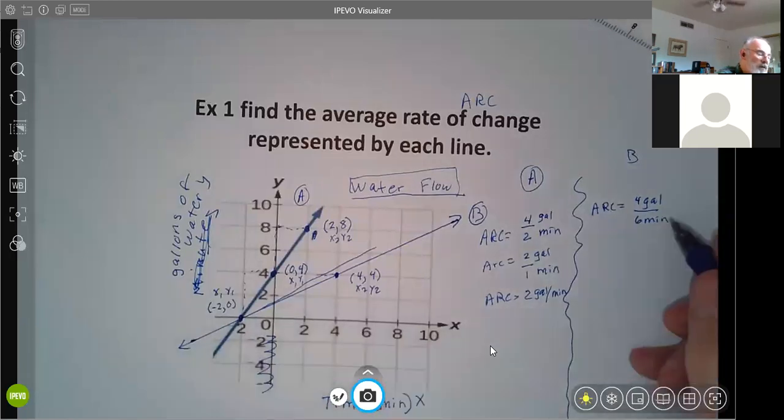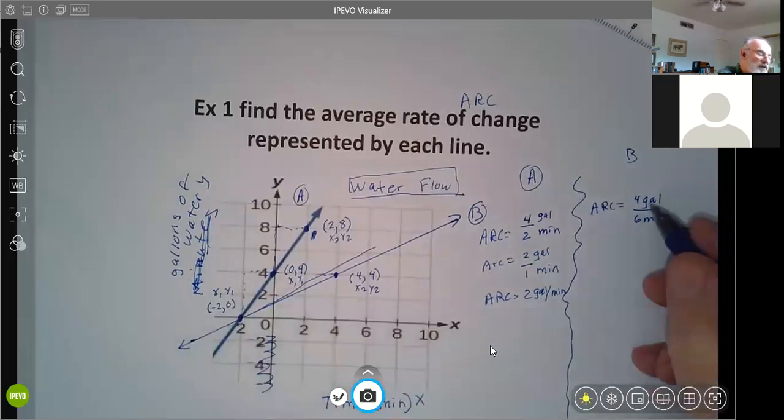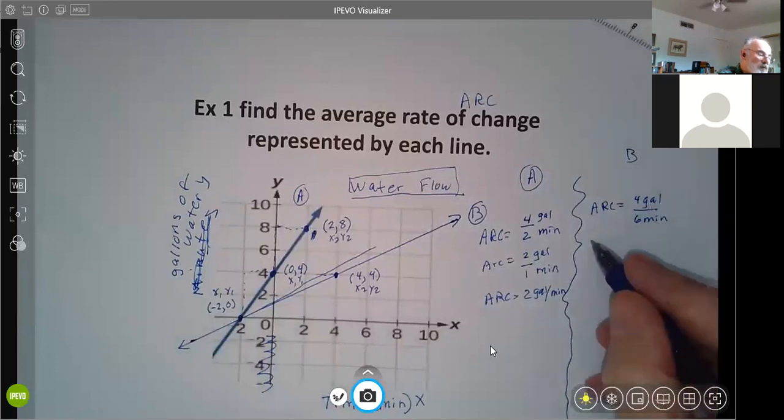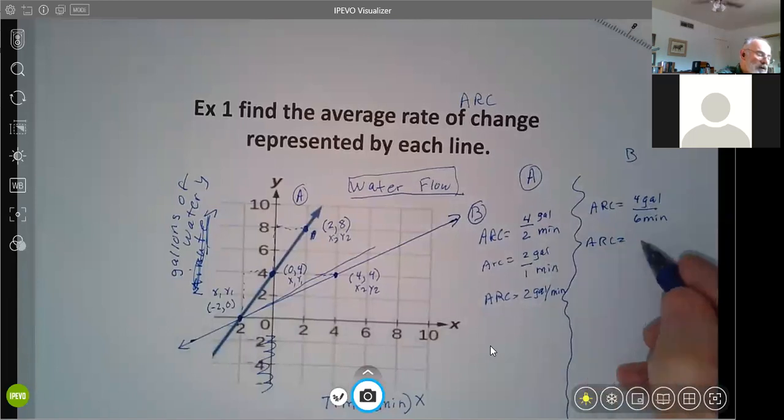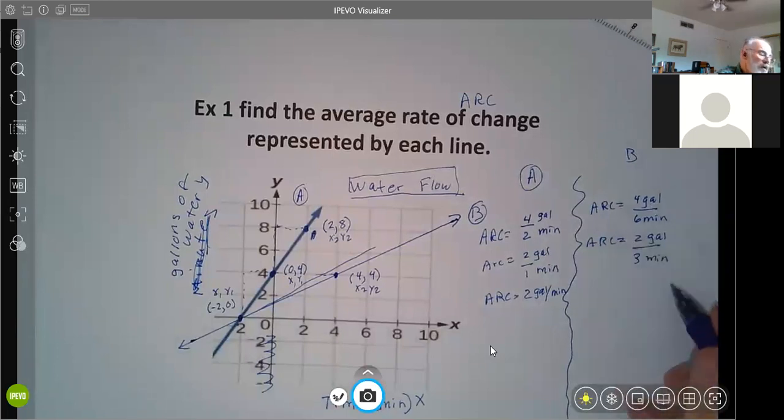So 4 gallons per 6 minutes. That means my average rate of change equals, reducing this, 2/3. So 2 gallons for 3 minutes, or 2 gallons per minute, per 3 minutes, pardon me.